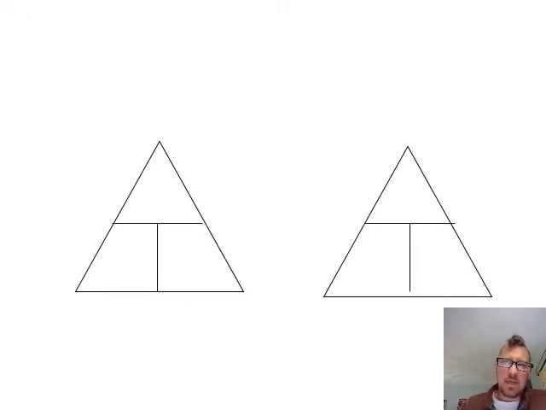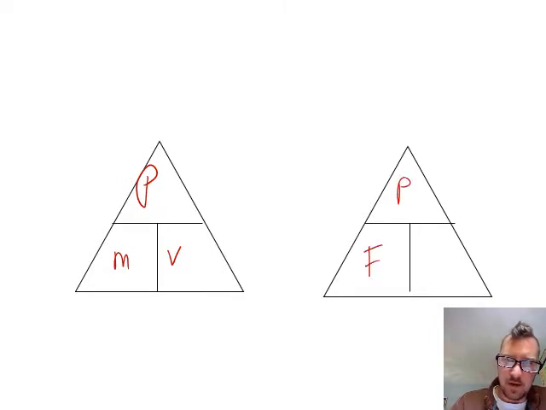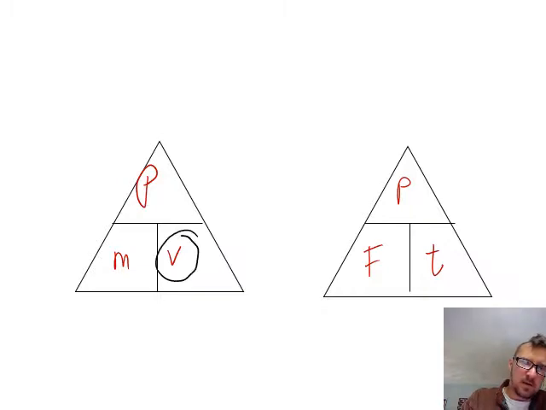Okay, these are kind of the equation circles. Okay, triangles, sometimes we use circles. Momentum is mass times velocity, and we can also write that momentum is force times time. So the way that these work is, if you're solving for velocity, velocity equals momentum divided by mass.